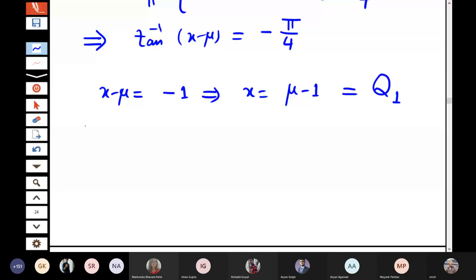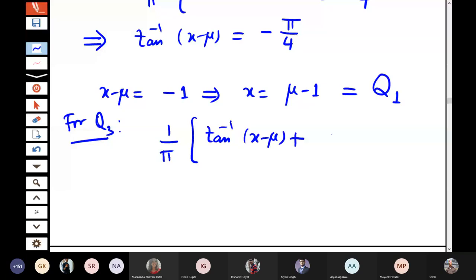Similarly, if I want to calculate the third quartile, for Q3, I will need 1 by pi tan inverse x minus mu plus half is equal to 3 by 4. So a similar calculation can be done.